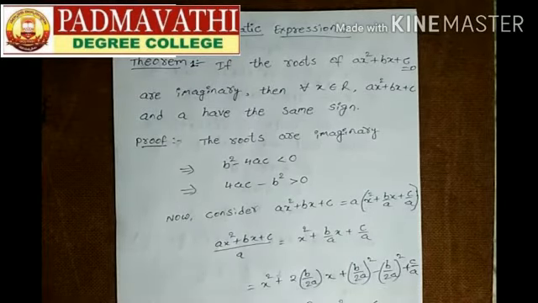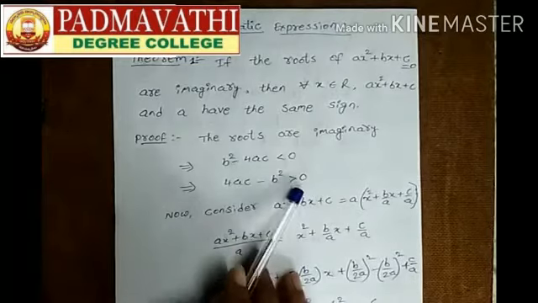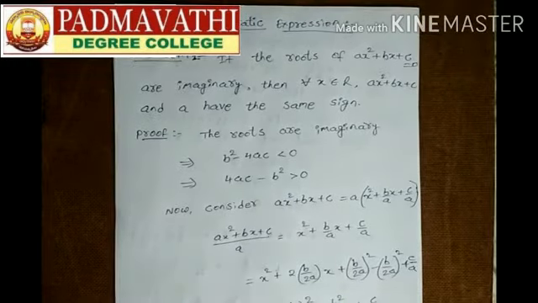Because in the given information itself, the roots are imaginary for the quadratic equation, meaning discriminant b square minus 4ac is less than 0. We can multiply by minus on both sides of the inequality and we get 4ac minus b square greater than 0.